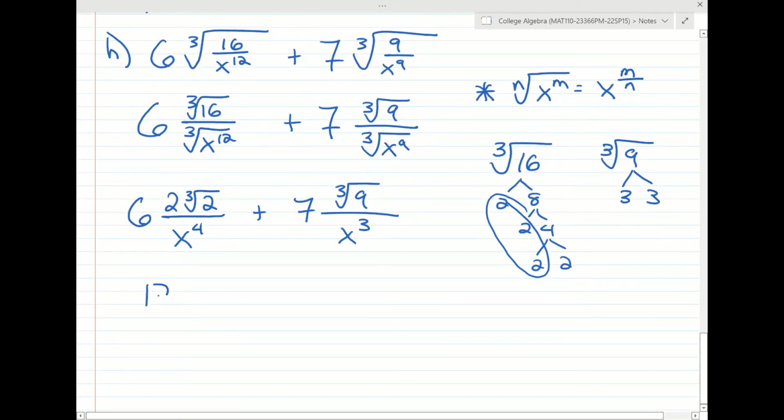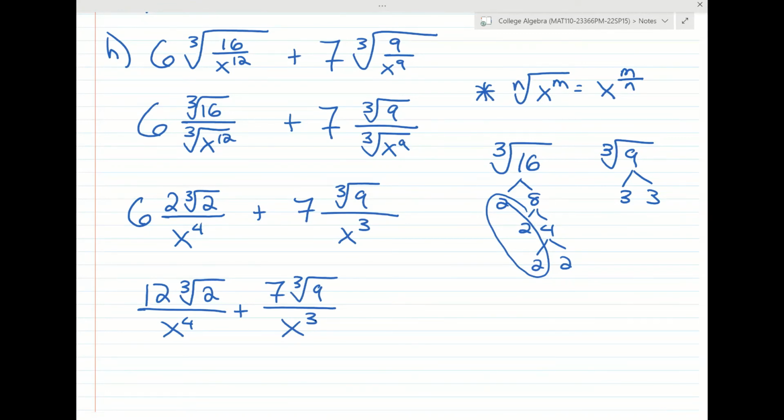So 12 times the cubed root of 2 over x to the 4 plus 7 cubed root of 9 over x to the 3rd is what this would be totally simplified. So that would be a good enough answer for me. Sometimes you might have to get a common denominator.